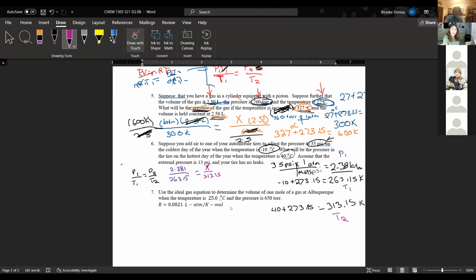So now, how would you solve for X? We manipulate the equation. Perfect, and how are we going to do that? We multiply by the reciprocal, so it'd be times 313.15 on both sides. Perfect. So we multiply by 313.15. These will cancel, and this is your new calculation.